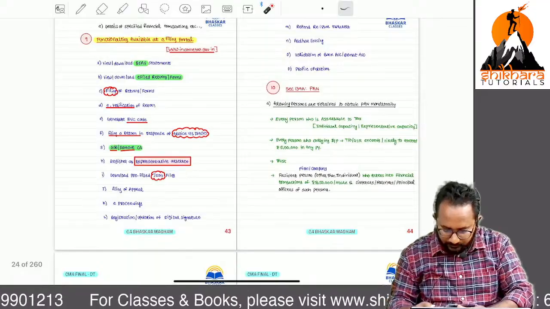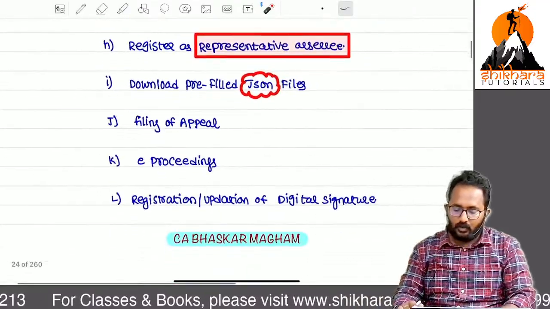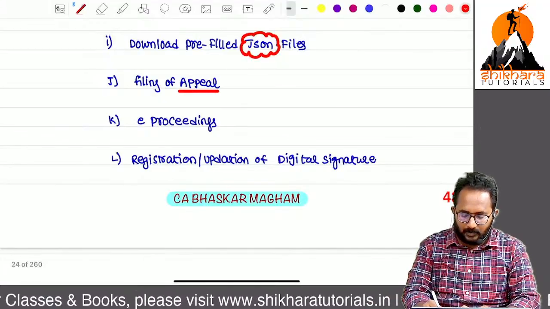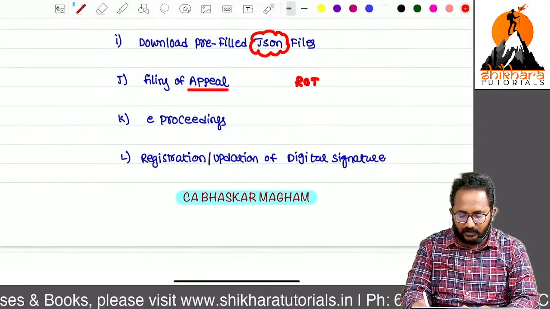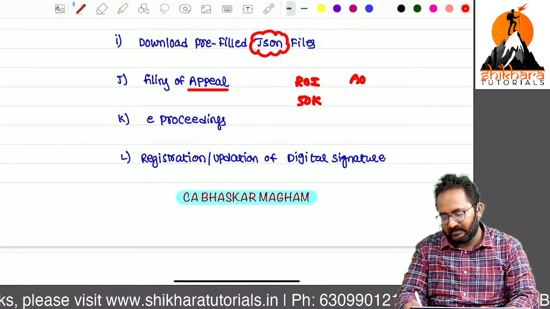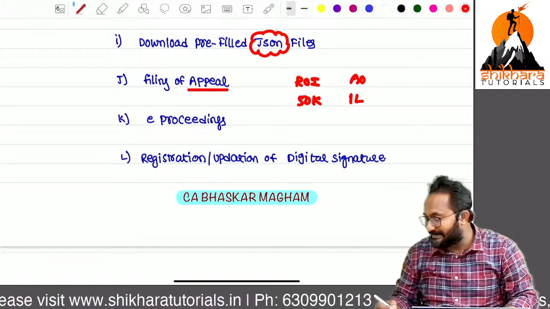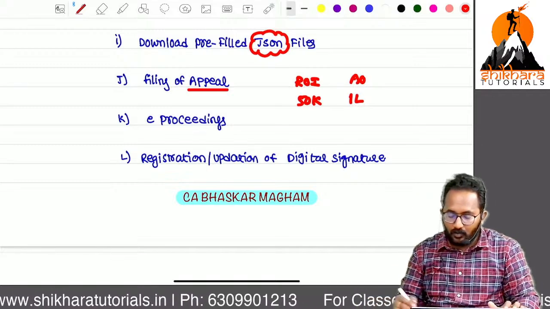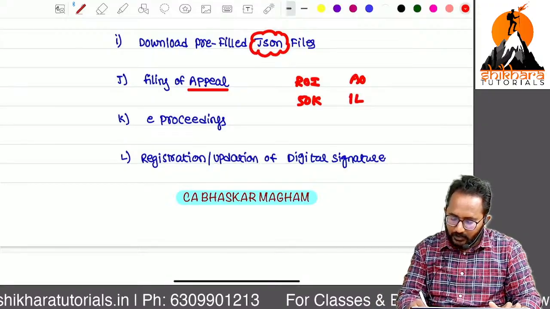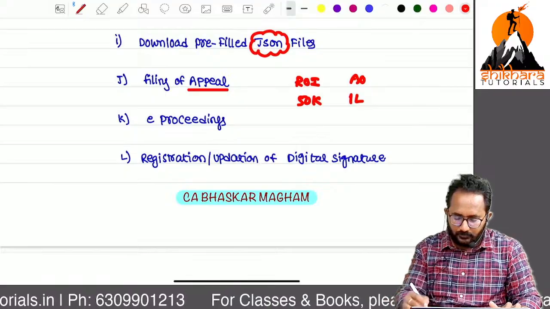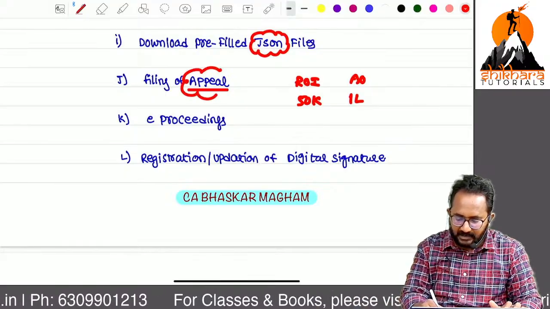Next. Sir, if any assessment is done, for example, at the time of filing the return of income I paid tax of 50,000, and now the assessing officer is demanding 1 lakh tax. How much extra are they demanding? 50,000. Do I need to pay this 50,000 now? Not required. If you want to make an appeal with the higher authorities, you can.